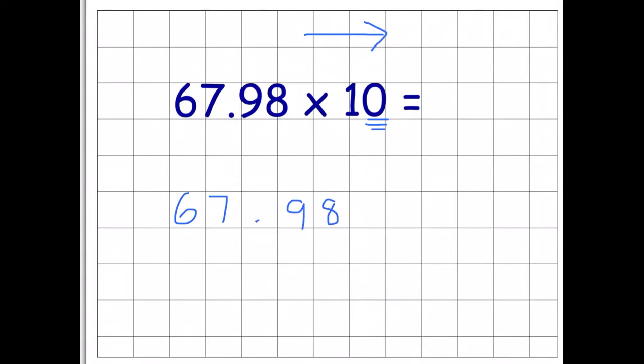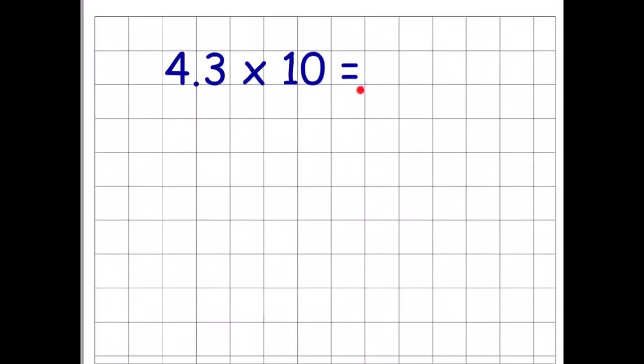My decimal point is going to move 1 place to the right. So my decimal point will now be between the 9 and the 8. And I can remove my first decimal point. So my new answer will read 679.8.